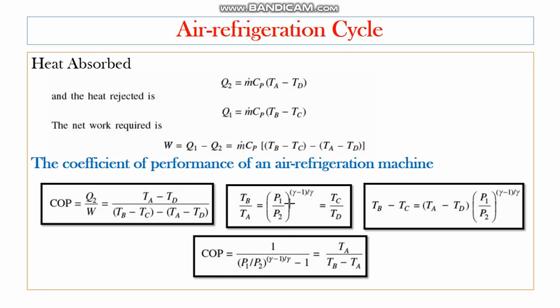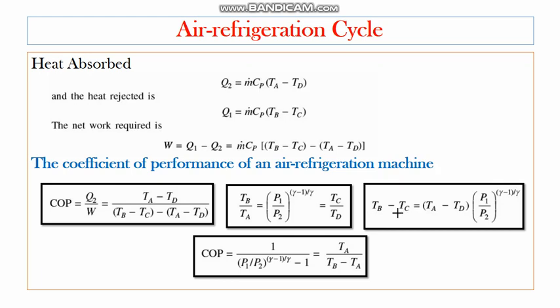Since both your compression and expansion are adiabatic processes, Tb by Ta will be equal to (T1 by T2) whole power (mu minus 1) by mu, and likewise for Tc and Td. If I take this term to the other side, that is Tb minus Tc by Ta minus Td, rewriting that equation, I'll get this equation.